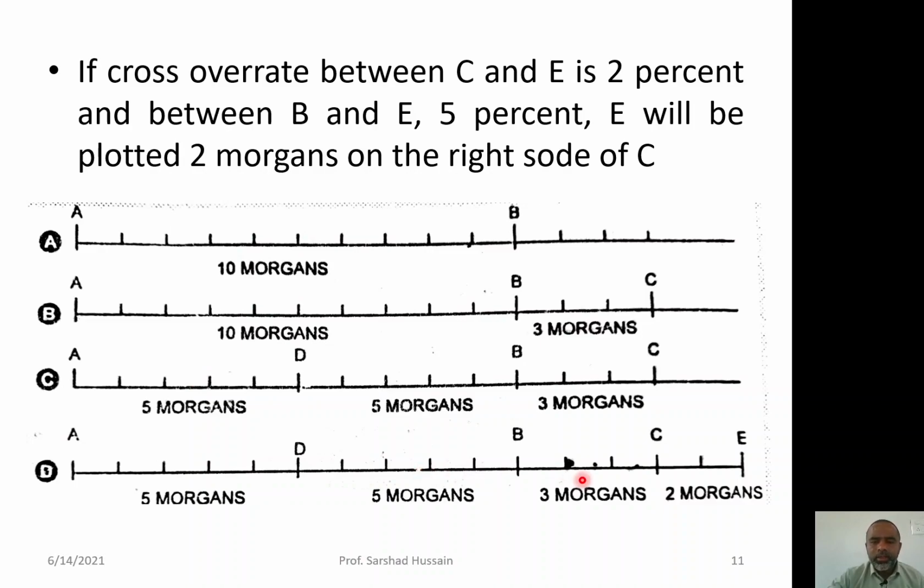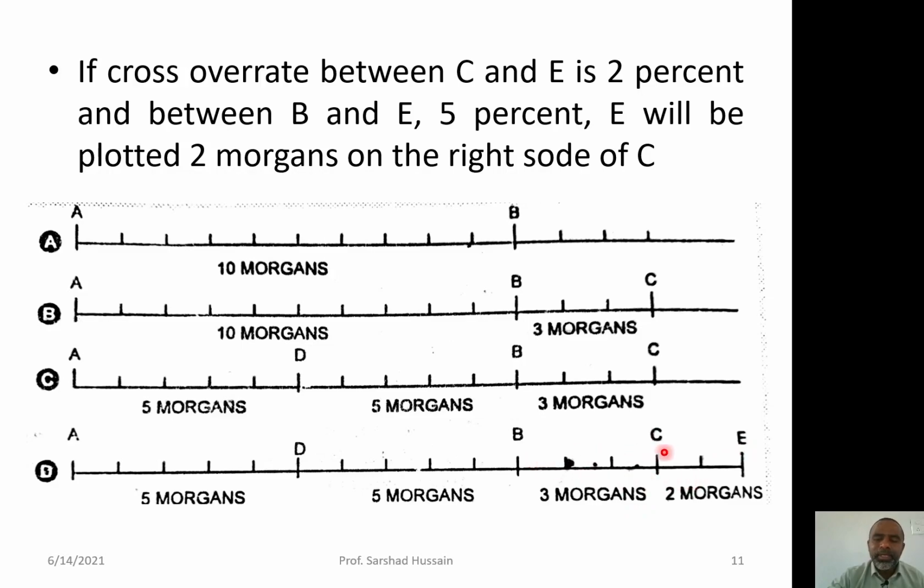Similarly, now let us look at gene E. Gene E was 2 Morgan units apart from C. So, whether E is located on the left side or the right side, 2 units on the left side or 2 units on the right side, will be determined by other things, like the percent of frequency between B and E was 5% and between C and E was 2%.